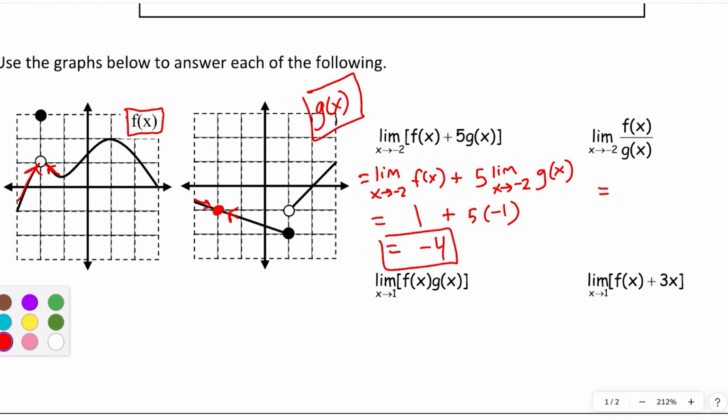I already know what the limit of f as x approaches negative 2 is. It's 1. And the limit as x approaches negative 2 for g is negative 1. So this would just be negative 1. Any questions so far?